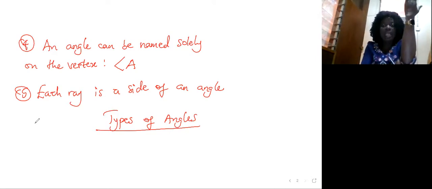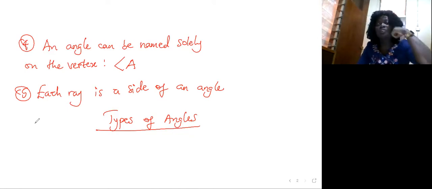So with the types of angles, an angle that is less than 90 degrees is called an acute angle.